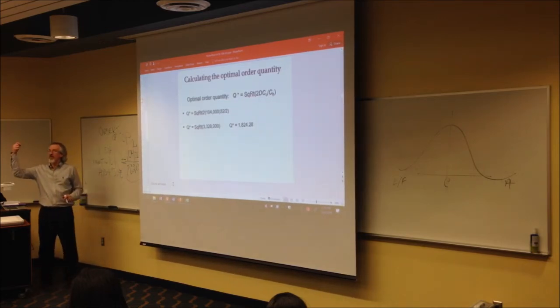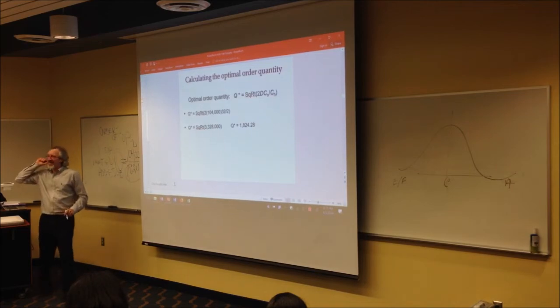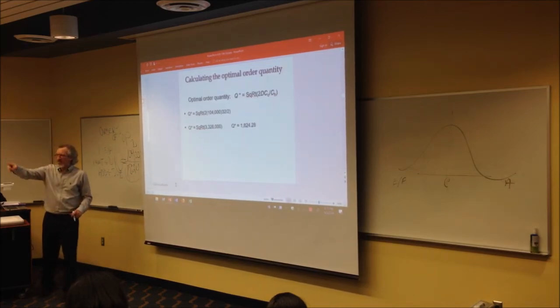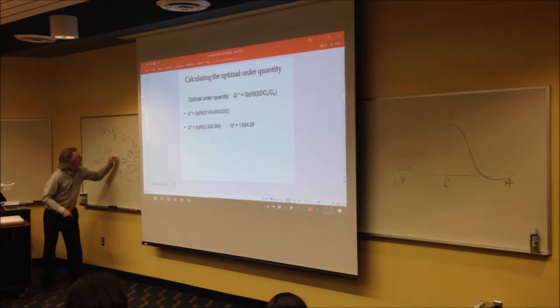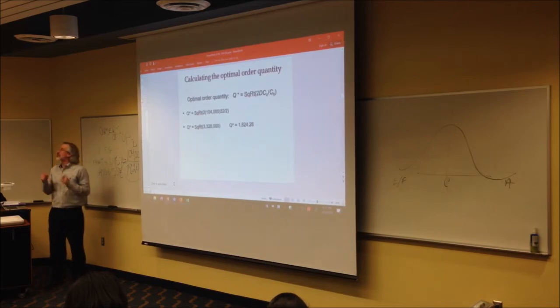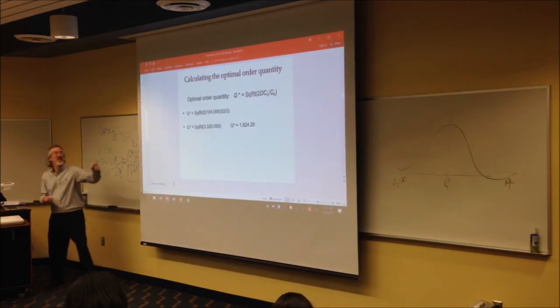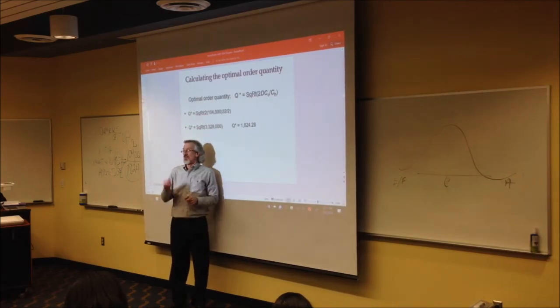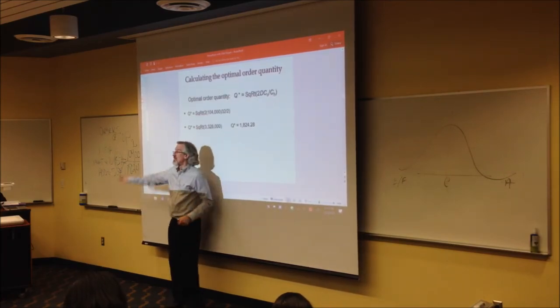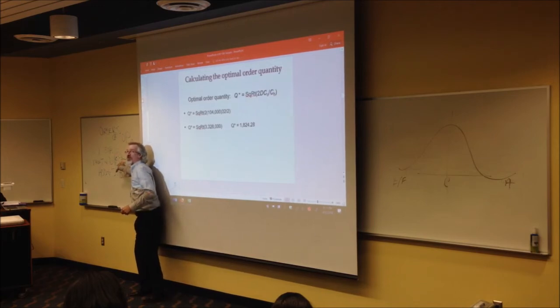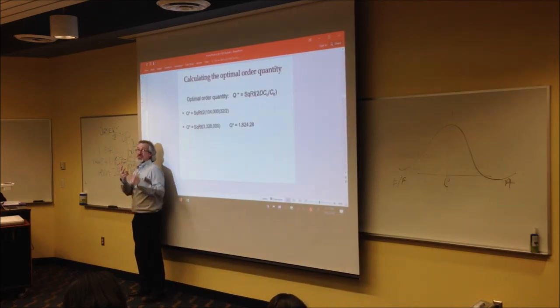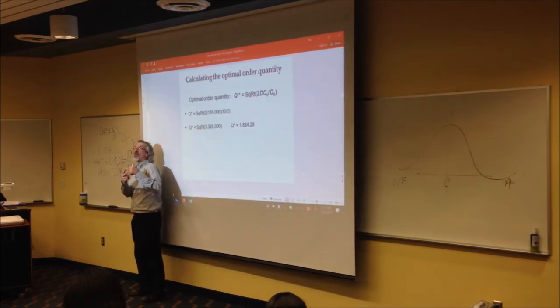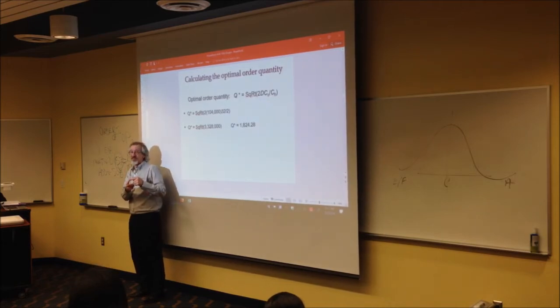Give me the number. 57. There are 57 orders per year placed if the optimal quantity is ordered. So now we know the optimal quantity, and we know how many orders per year. All we have left now is our total cost and our reorder point.